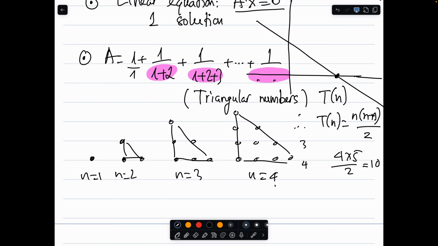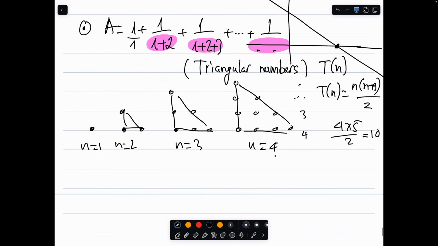You see, because of that, here you have 1 over Tn, right? I'm talking about the nth term in this, so you can convert it.